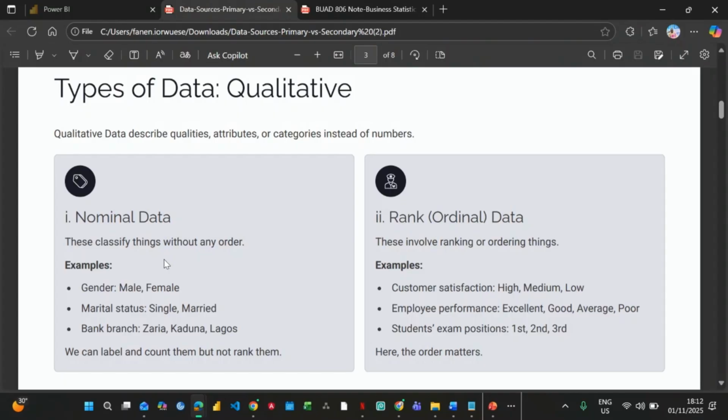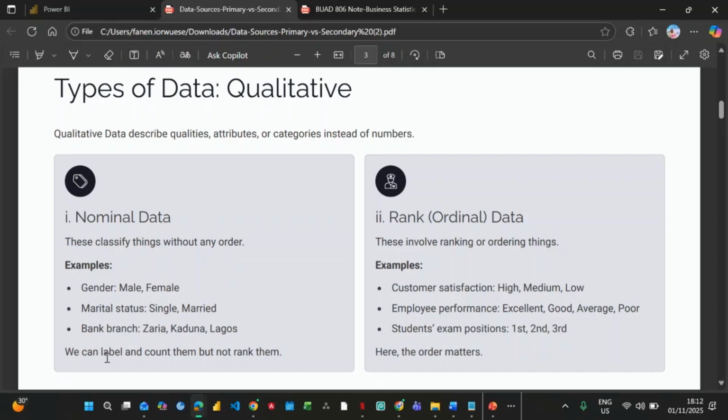I can have male, female, they can just mix, but as long as I have the number of people I'm looking for, I'm good. Examples: gender, female or male; marital status, single or married, either can come first; or bank branches. We can label and count them but not rank them.